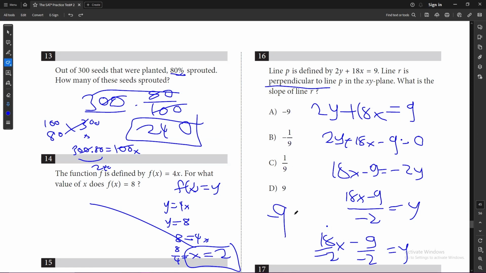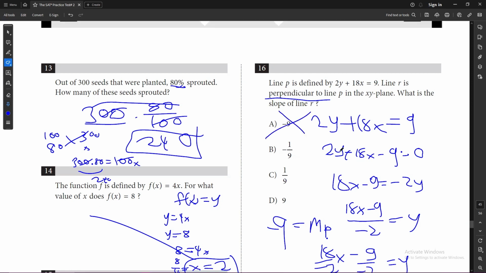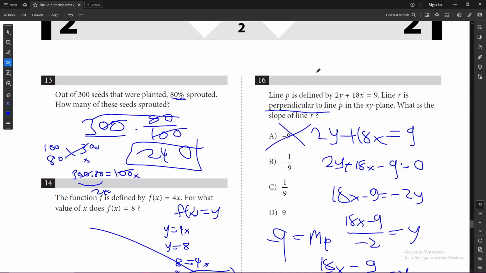Our slope for P, I'm going to call it MP. But make no mistake, guys, my answer choice is not -9. My answer choice will be what I get when I multiply MP times MR, because they're perpendicular, I'm going to end up with -1.